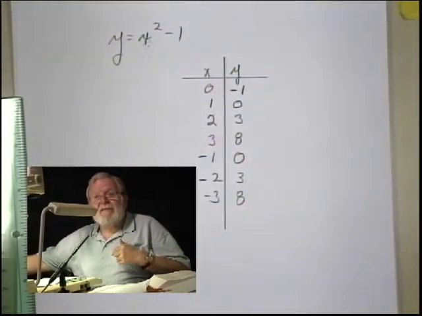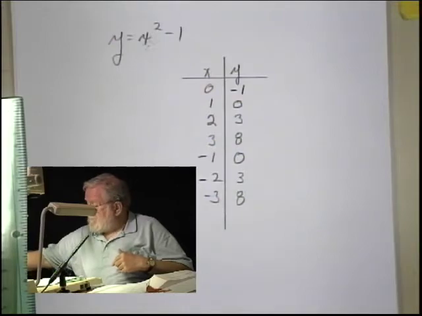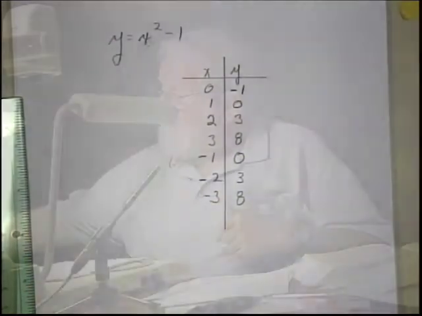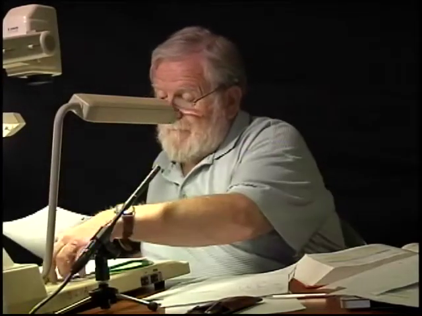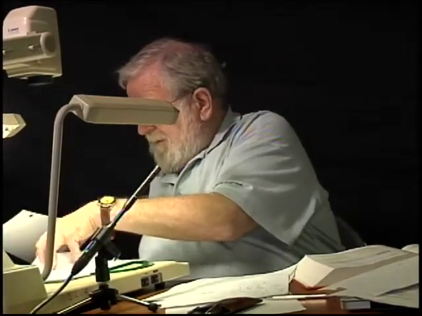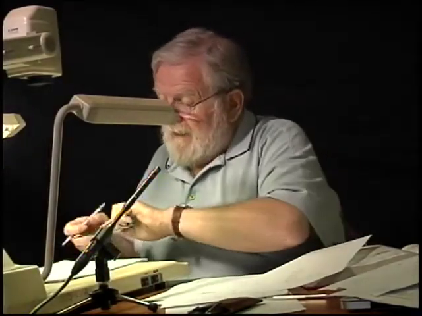Now we're going to graph these sets of ordered pairs. We'll get a piece of graph paper here, and we'll draw our coordinate system on the graph paper, our x and y axes. X will be our horizontal, y will be our vertical.